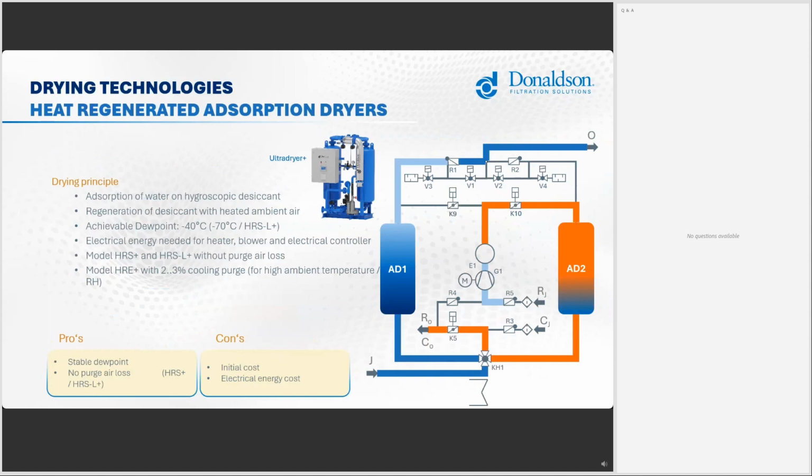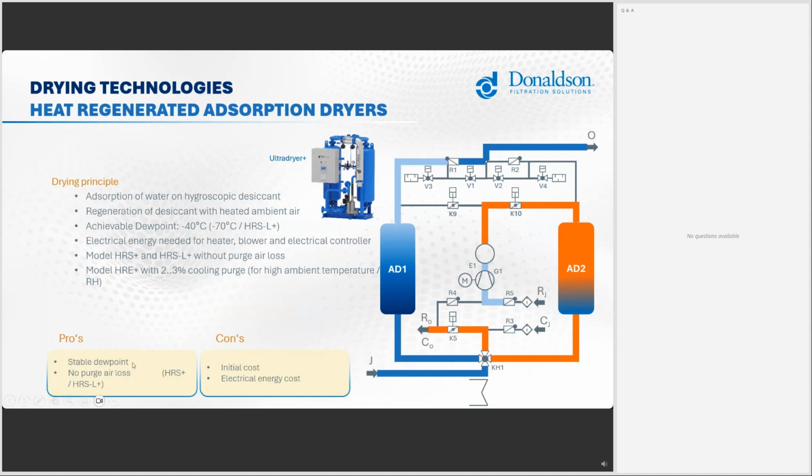There is one exception, the model HRE. This is a model where, at the end of the cooling process, a small portion of cooling air is added in order to dry the desiccant a little bit more. This is especially useful if you are using this heat regenerated dryer in a tropical or subtropical environment.